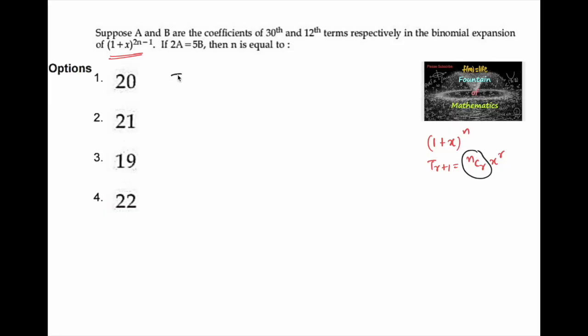So for the 30th term we can write t 29 plus 1, which is equal to 2n minus 1 C 29 into x to the power of 29, and for the 12th term we can write t 11 plus 1, which is equal to 2n minus 1 C 11 x to the power of 11.